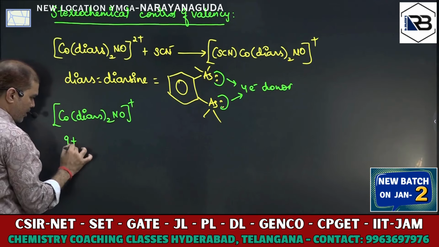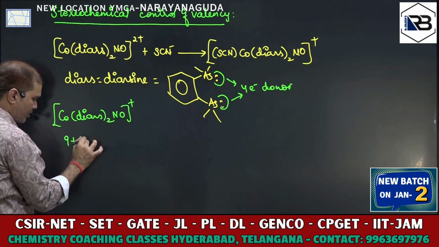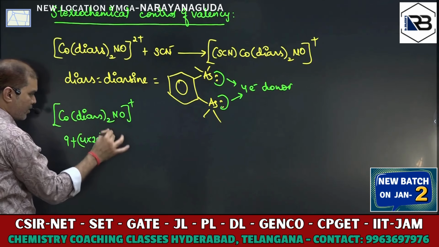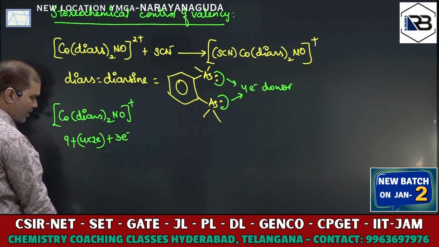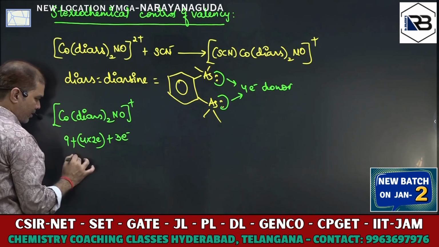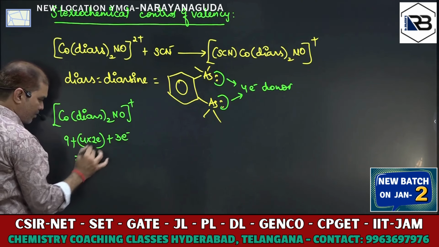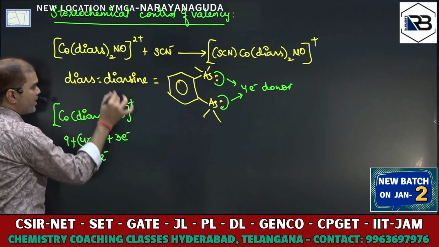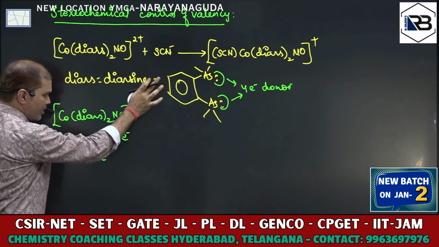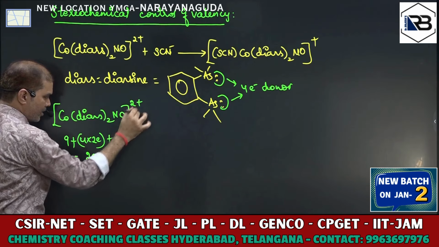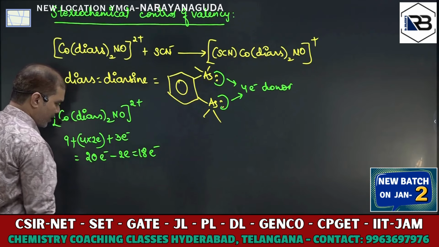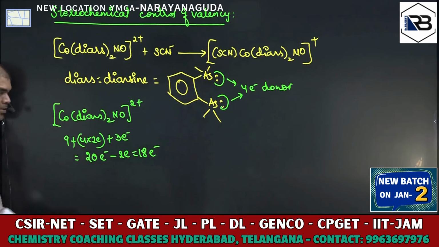Cobalt is taken as 9 electrons, each diars is 4, so 8 electrons, and nitrosyl is found to be linear in this case, so it is taken as a 3 electron count. 9 plus 8, 17 plus 3, 20 electrons. But there are 2 positive charges, which must be subtracted, and hence we have an 18 electron system. So the reactant here is an 18 electron system.